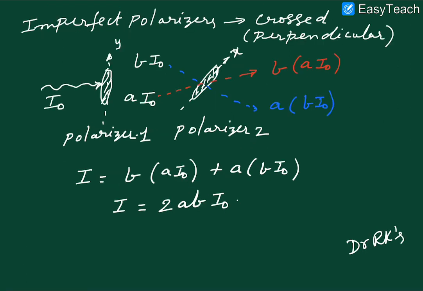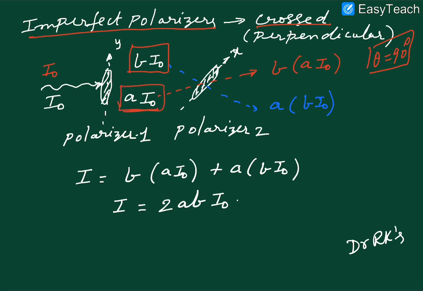Now look at it: if two imperfect polarizers are crossed, the angle between them is 90, perpendicular to each other. So in the first case, when I naught is the intensity of incident light, the parallel component is A I naught, the perpendicular component is B I naught. Now, because the second axis is perpendicular to the first axis, the first one is y, the second one is x, then this A I naught becomes B into A I naught after passing through the second polarizer.